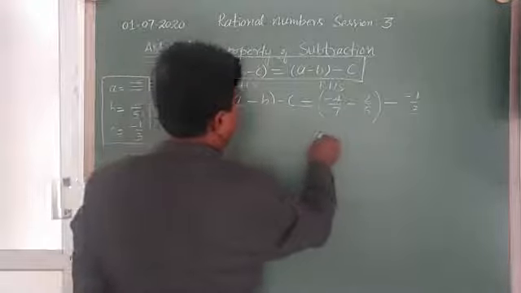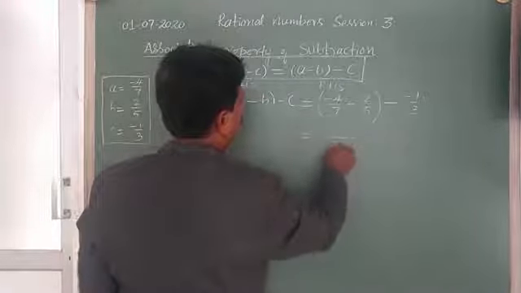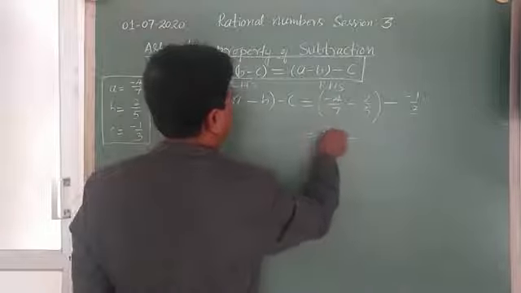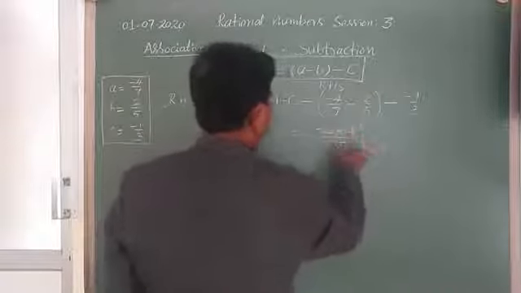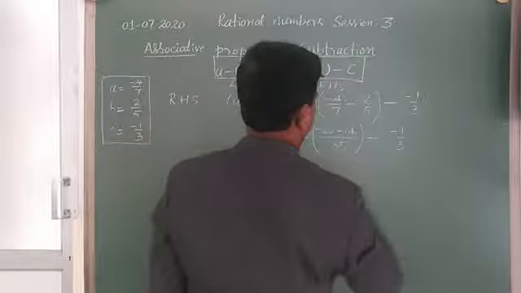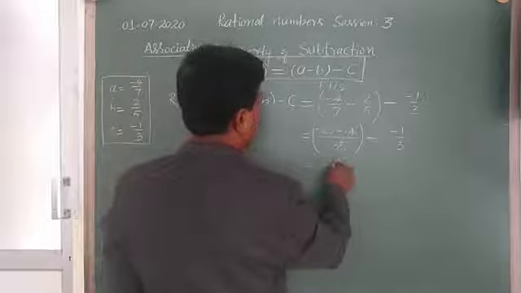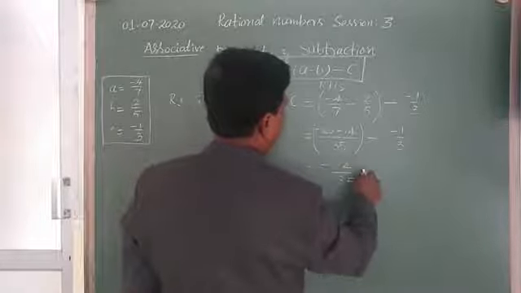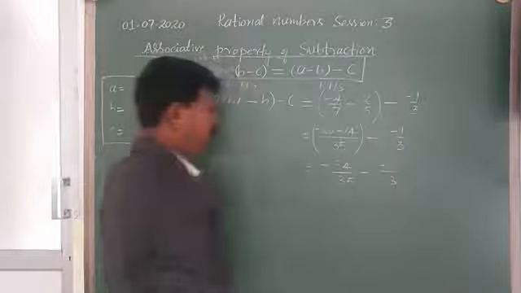Now this is again 35. So cross multiply: minus 20 minus 14, minus of minus 1 by 3. Now this is minus 34 by 35.